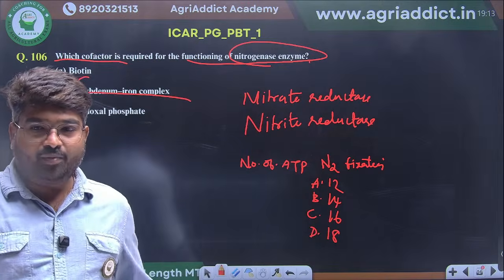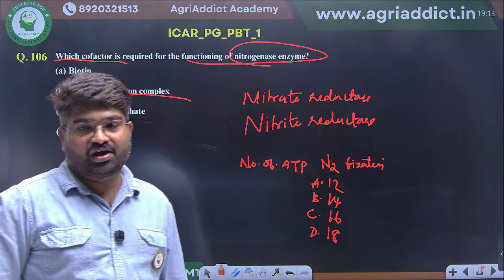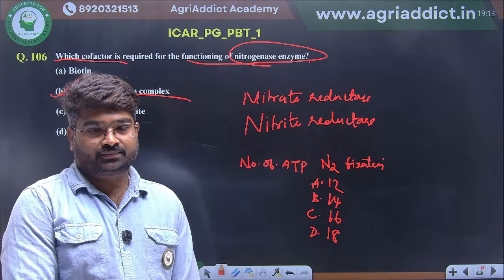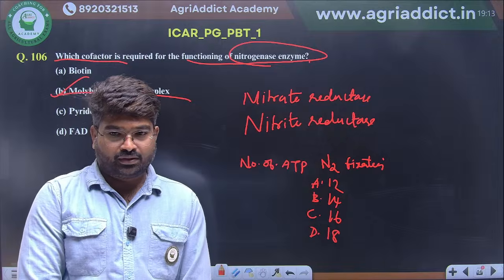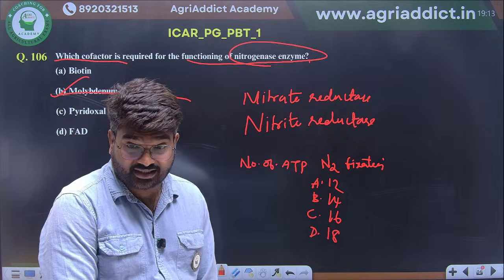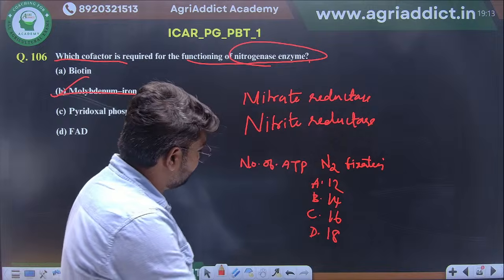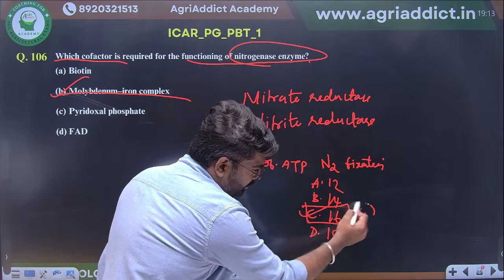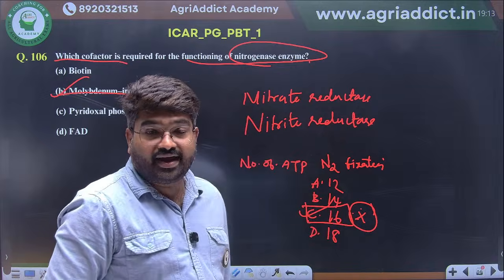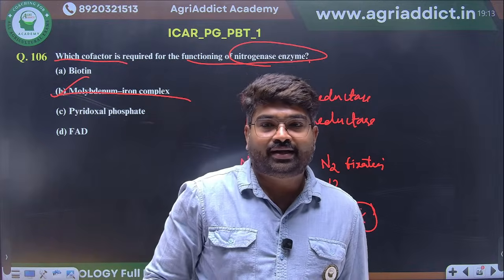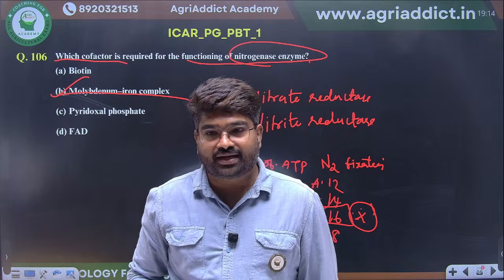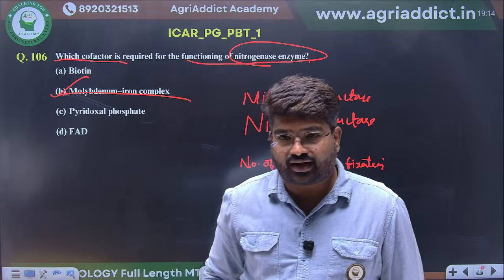Number of ATP molecules required to fix one molecule of nitrogen through biological nitrogen fixation. Yes, students. 12, 14, 16. Yes, excellent. 16 is the right answer. Okay, this is a very important point. 16 ATPs will be required for biological fixation of one molecule of nitrogen. Udaya Lakshmi, yes, everyone correct answer.